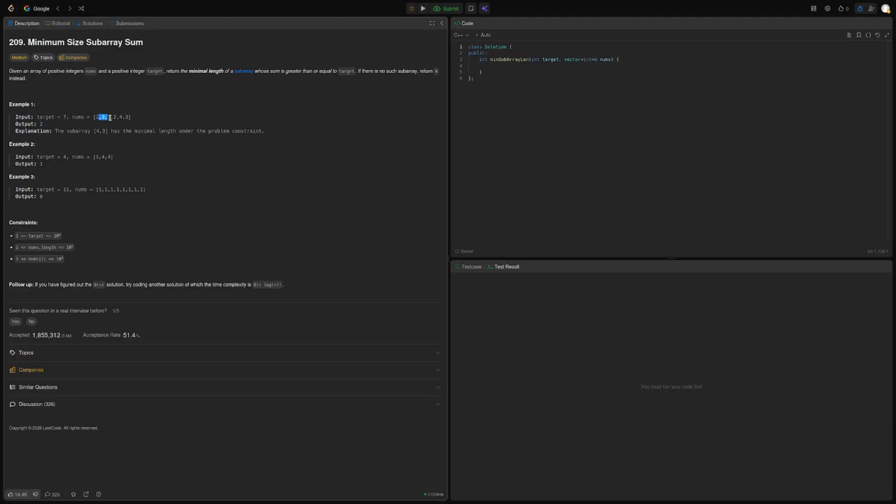The sum will be less than what we had before, so either we stay here, or if the target would be larger, like 8, or target would be 6, and whatever.